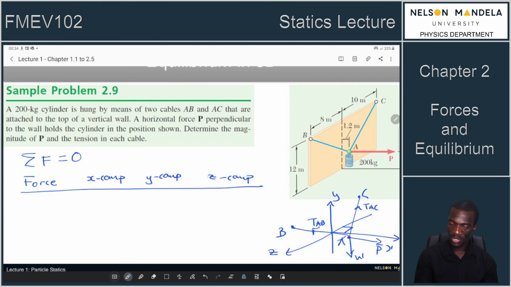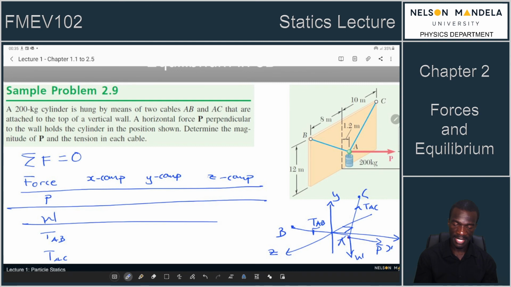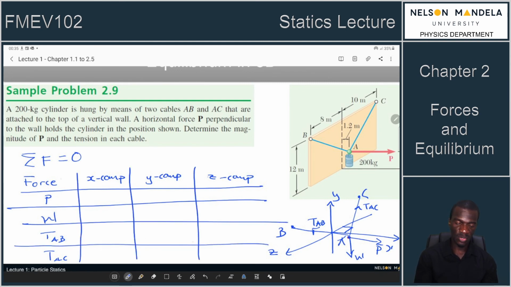We have forces P, weight, TAB and TAC. Okay, so we want to find the resultant and add all those to 0.